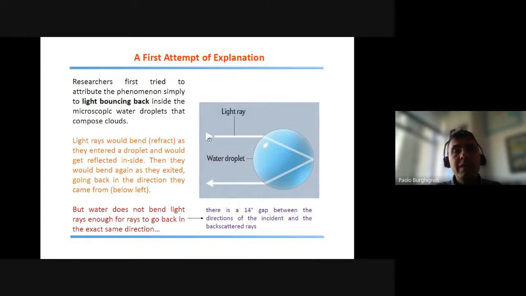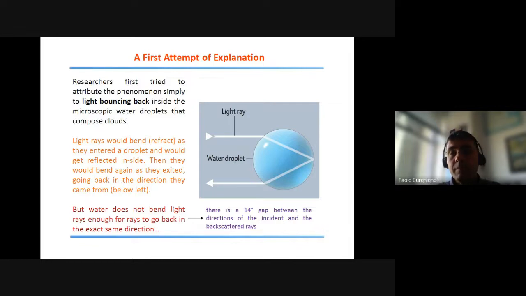One of the first attempts at explaining this phenomenon was, as reported here in this picture, a simple geometrical optics model in which an incident light ray enters the water droplet, is backscattered on the other side and then exits in the exact backscattering direction, thus forming an enhanced scattering to the eye of the observer.